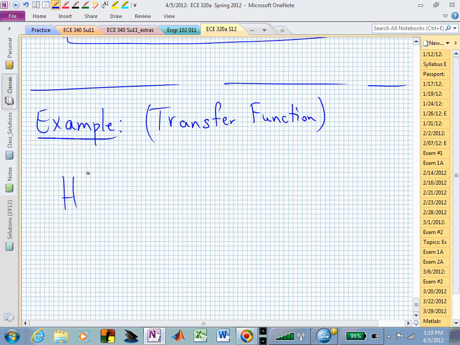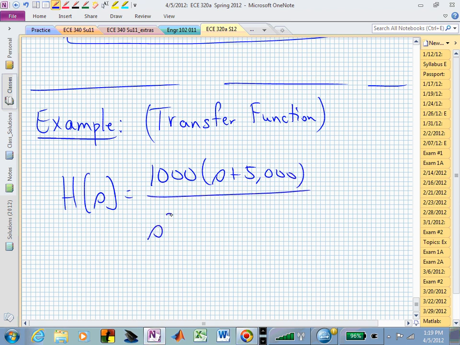But now they give you a transfer function, H of s, and they say this is 1,000 times (s plus 5,000) over s squared plus 6,000 s plus 25 times 10 to the 6th.